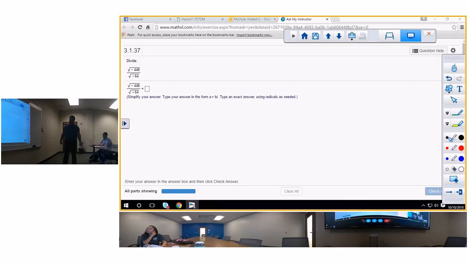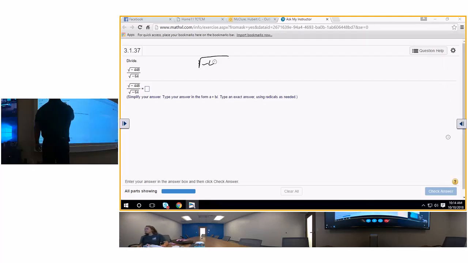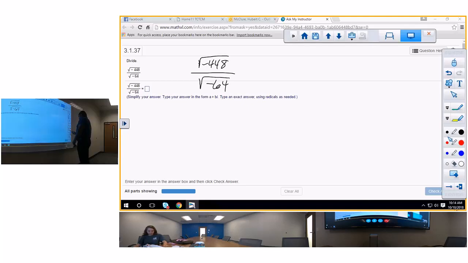What they want you to do is get rid of the radical. So the first thing you do is say, okay, I got to multiply by something to make the bottom a perfect square. Negative 448 over square root of negative 64. So I got to multiply the top and bottom by the square root of negative 64.